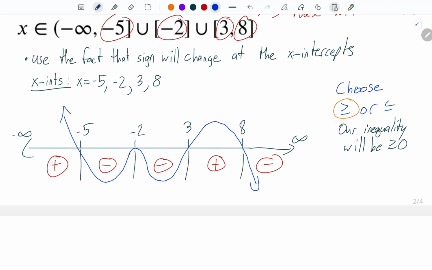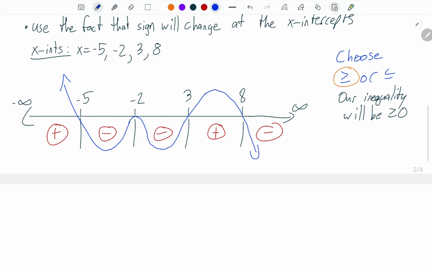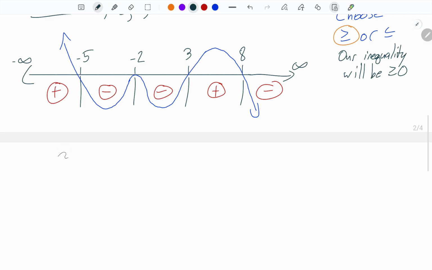Okay, so that's a very rough sketch of the graph, but why I did that is it will help us figure out the order of these roots, because that's really the only other information we need. As long as we can write these roots down as factors, x plus 5, x plus 2, x minus 3, x minus 8, that's essentially our polynomial. And we want it to be greater than or equal to 0. But the last thing is we just need to know the order.